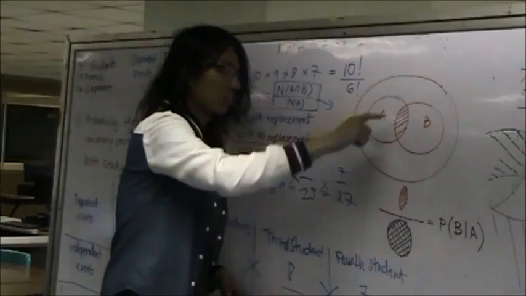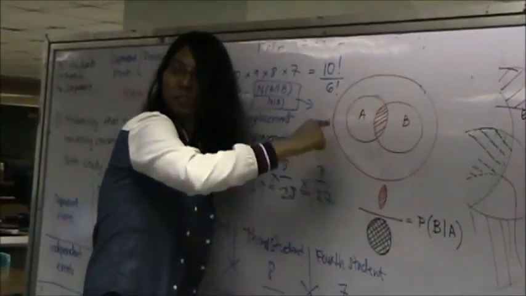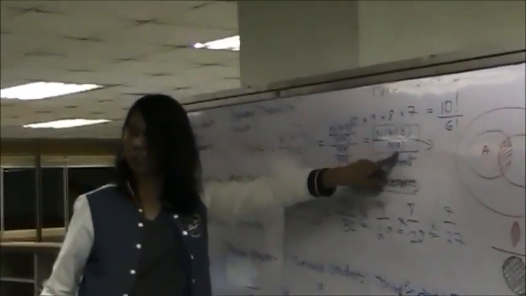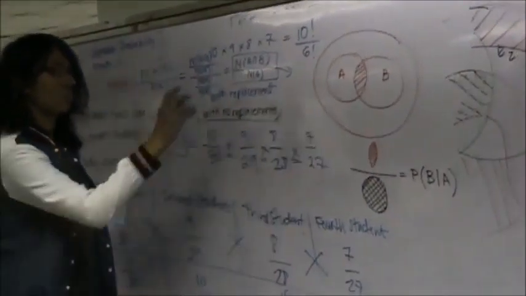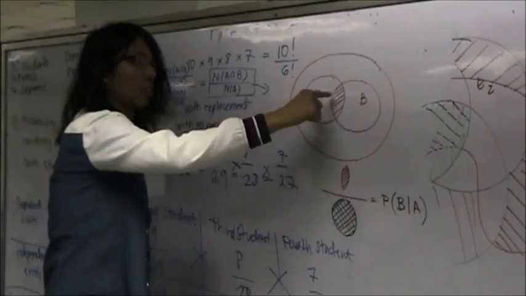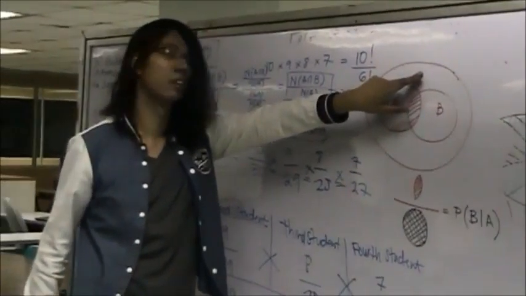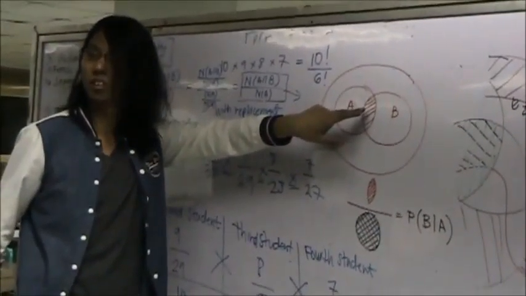So this thing is taken as its whole now, instead of the entire universe. As you can see, it's not U anymore, right? It's just taking this part where it exists, because B doesn't exist outside. It only exists in here.